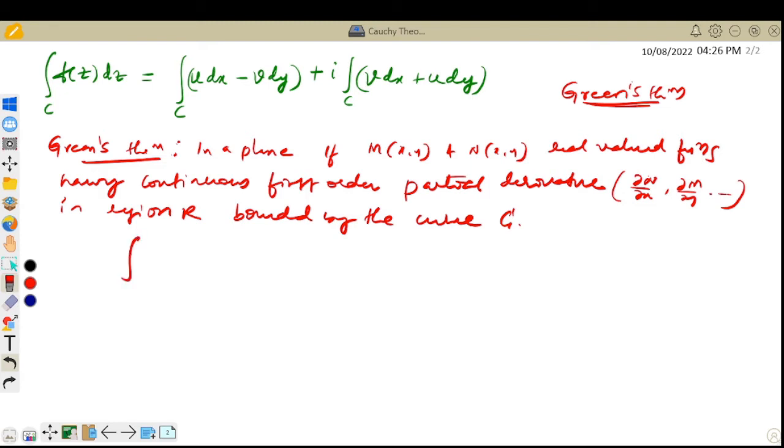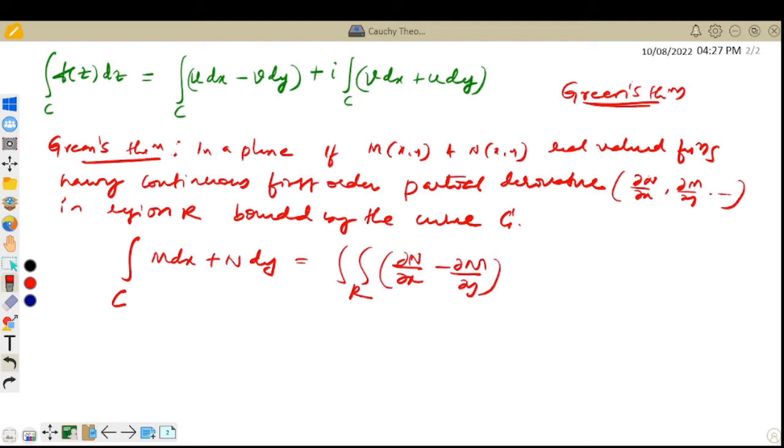Look at here, I am writing this: integral of M dx plus N dy over a curve is equal to, in terms of a region, a double integration of dou N by dou x minus dou M by dou y into dx dy.